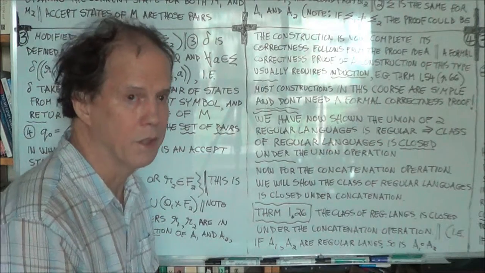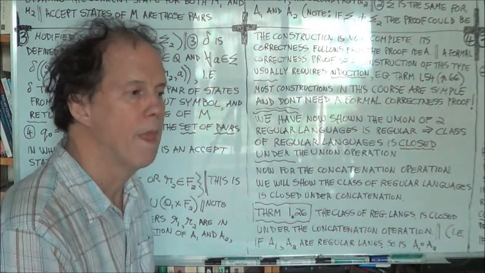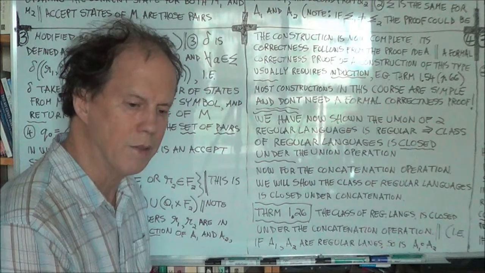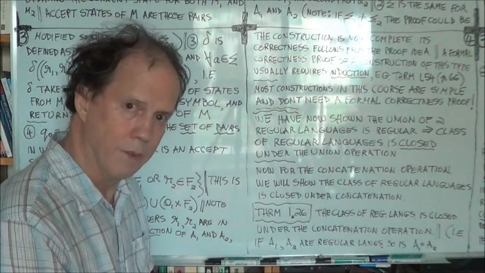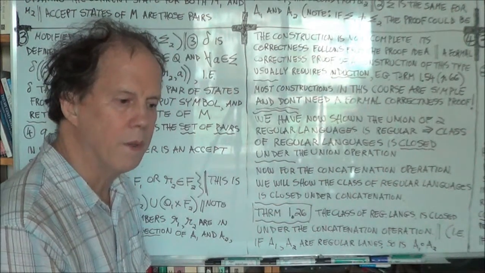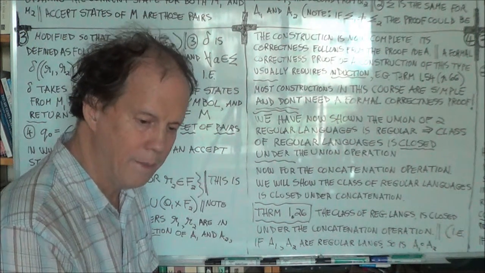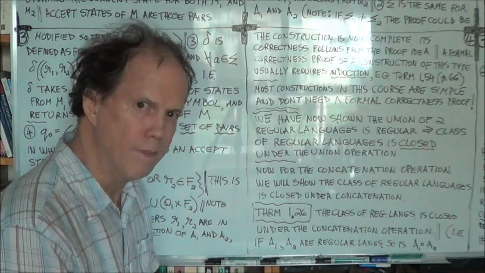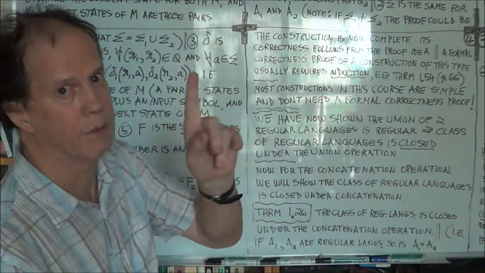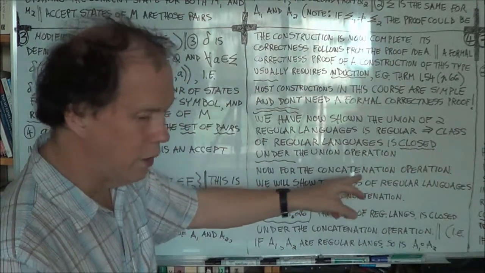Because we found, by construction, a finite automaton M that recognized it. Therefore, A1 union A2 is itself a regular language, and that's for any two languages A1, A2. Therefore, the class of regular languages is closed under the operation union. Okay, that's what we've shown. So we've shown closure for that operation and for that set.